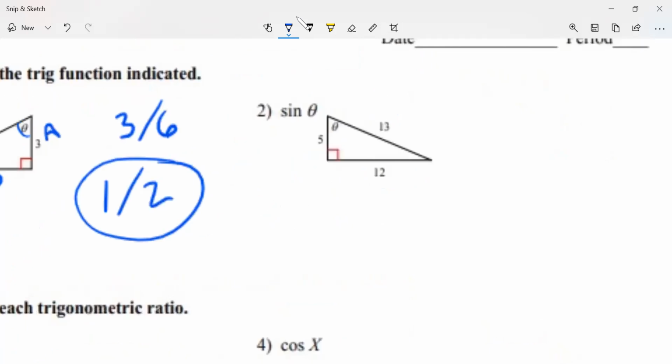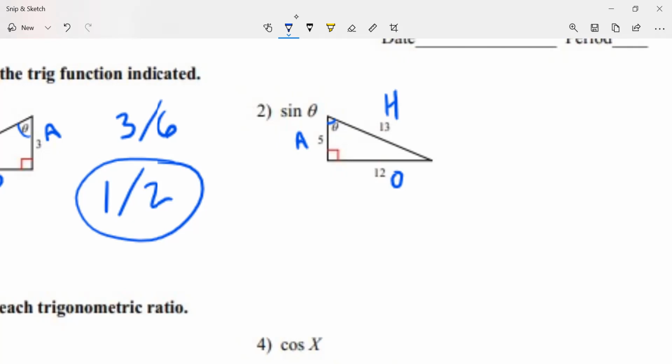Now sine, I see my theta, so this is my theta. Let me label my 3 sides. The biggest side is the hypotenuse, which in this case is this side. Based on theta, 12 is the opposite, 5 is the adjacent. Remember, opposite means far away, adjacent means close to. I remember my sine, I remember my chart.